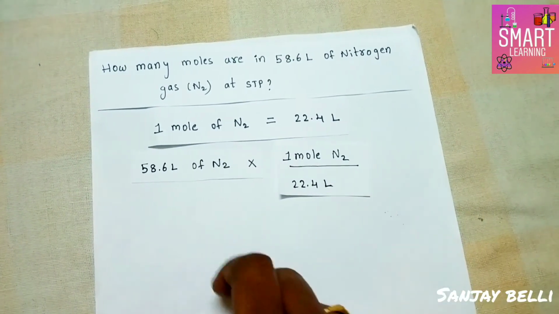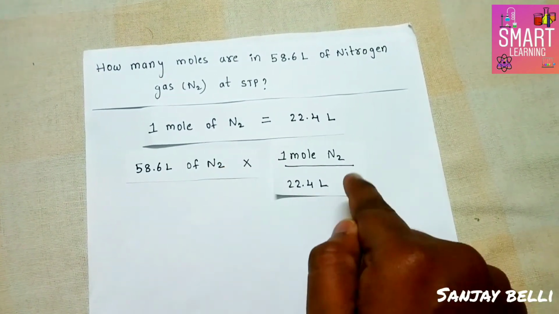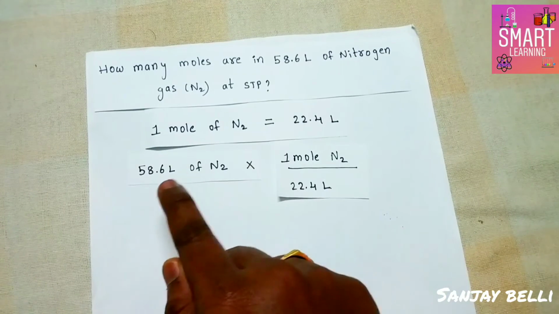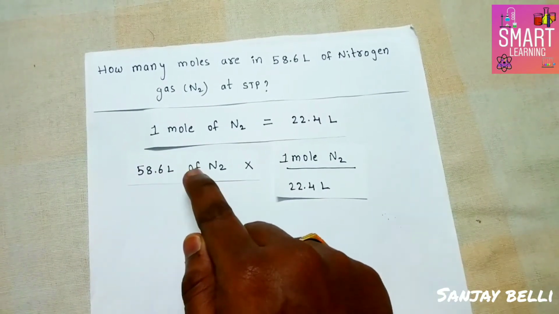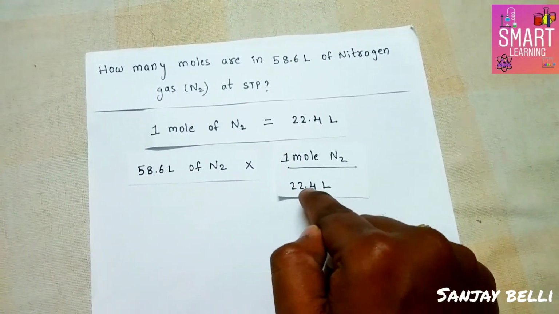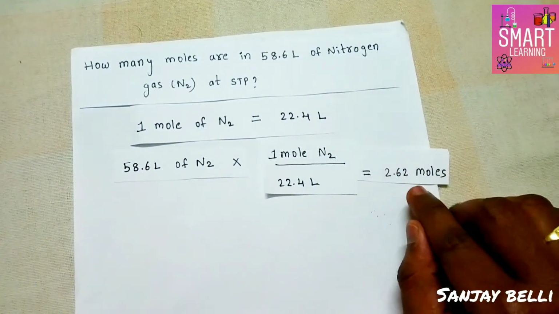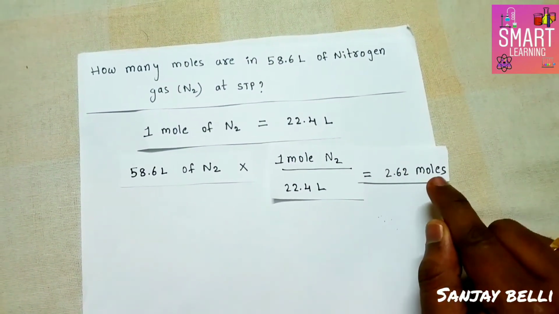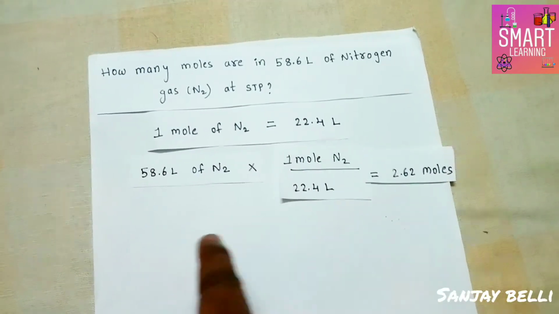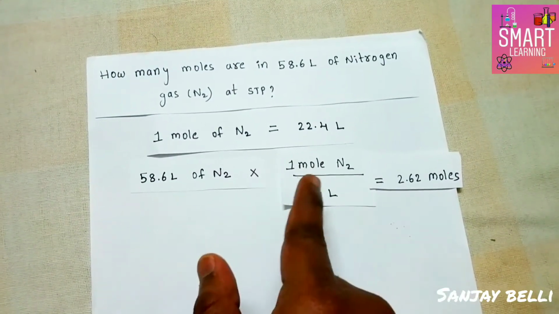So the liters of nitrogen gas and the liters of nitrogen gas will be cancelled. 58.6 divided by 22.4 gives 2.62 moles. This is the answer for your problem.